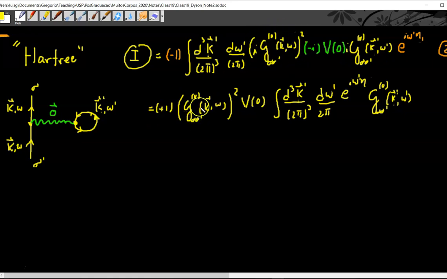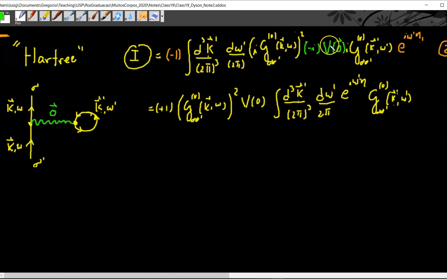I have this g naught squared, k omega, and I have this V, which is 0 momentum. This is going to be important since we figure out that this is V at 0 momentum. And 0 momentum means long range interactions, or 0 plus if you want.